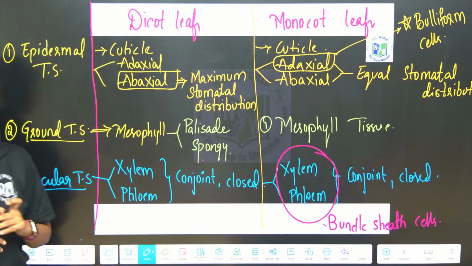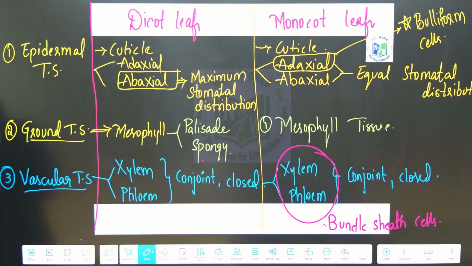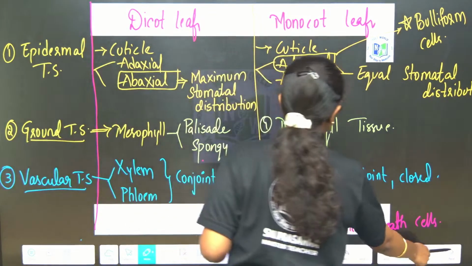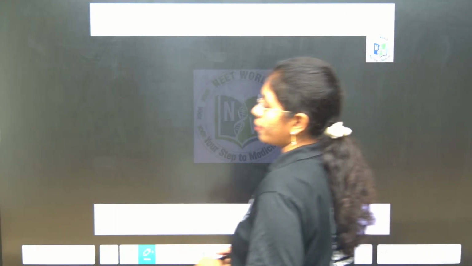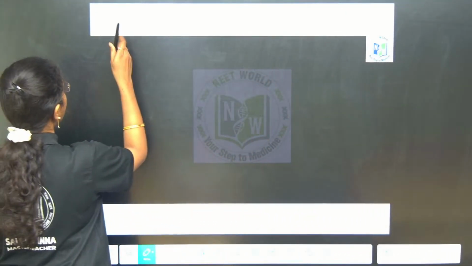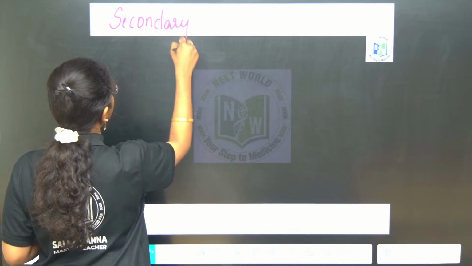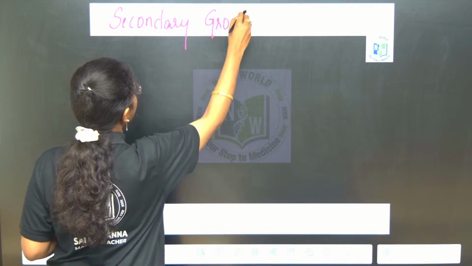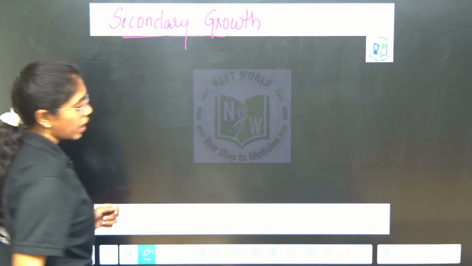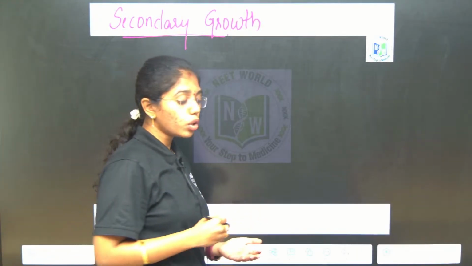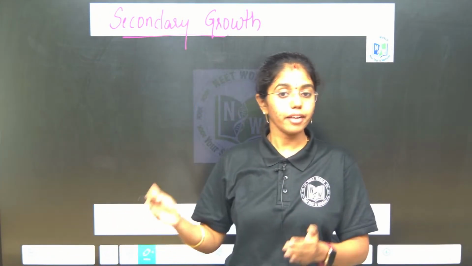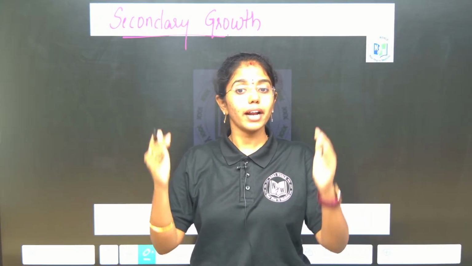Done? Now, secondary growth. Keep the heading of secondary growth. How can you define secondary growth? Secondary growth can be defined as the growth which happens in the later part of plant life, where an increase in the girth of shoot and root is observed.